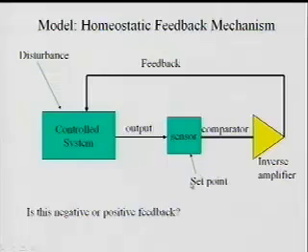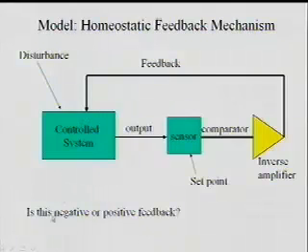and then there is a comparator function within the sensor that compares the level of output to the set point, and then there is an inverse amplifier that provides the feedback signal of the magnitude in the opposite direction of output to bring it back to the set point. So in other words, if we're at basal level and suddenly a disturbance increases the output by 10, then the comparator determines that 10 and makes it a negative 10, and the feedback says bring it back down by 10 to get back to baseline.